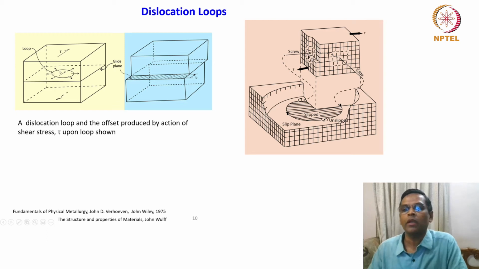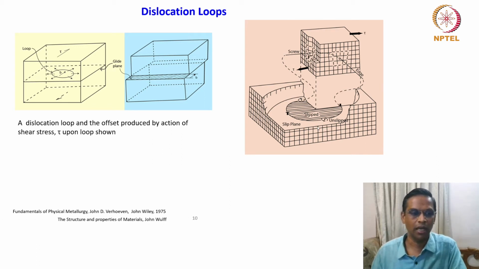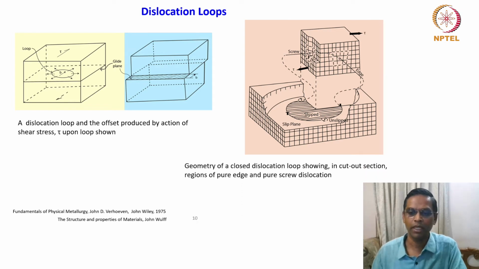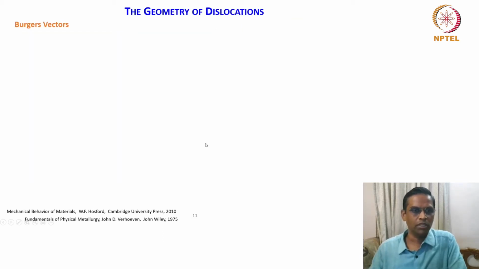Even if you do it anti-clockwise, the Burgers vectors of both these sides should be similar. So these are some simple but important points you have to remember if you want to keep track of dislocation line orientation, Burgers vector, and so on. Okay, so that is about the dislocation loop description.